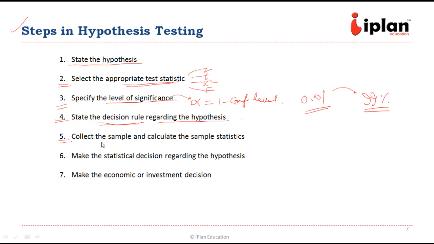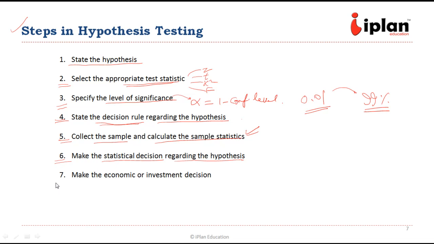Next step is to collect the sample and calculate the sample statistics. Sixth step is making the statistical decision regarding the hypothesis. This is based on the test statistic and the critical values, whether we are able to reject the null hypothesis or not.